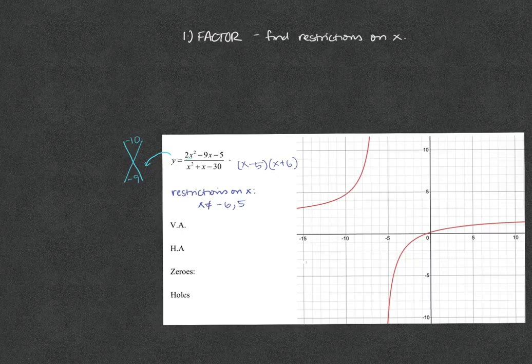Next step after you factor is to factor the numerator, okay? So let's factor the numerator, and I multiplied my 2 and my negative 5 to get negative 10, and my two missing numbers that will multiply to give me 10 and be opposite signs to give me negative 9 are 10 and 1. I want it to be a negative 9, so I'm going to do a negative 10.